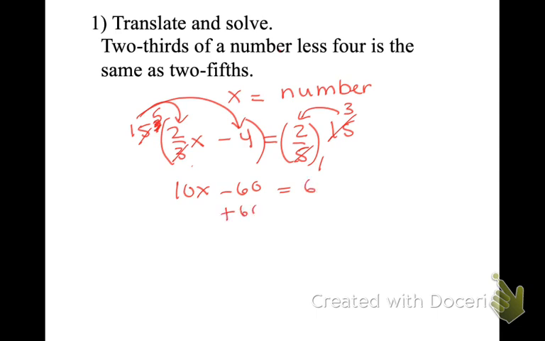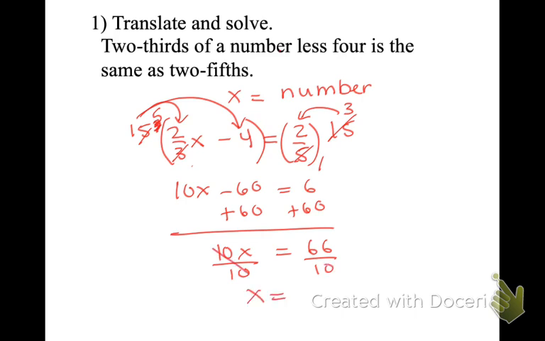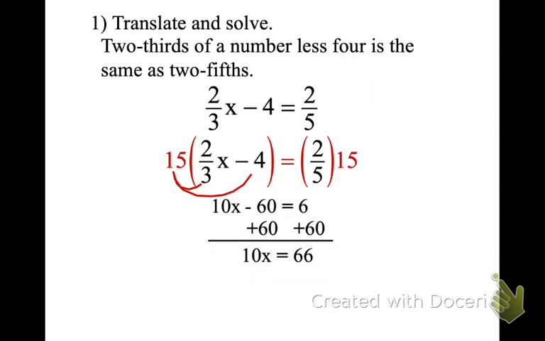Okay, I'm adding 60. 10x equals 66. Divide by 10. And x is equal to, we can reduce it, 33 over 5. Or you could have made it 6.6. It's pretty easy. Just move the decimal over. 6 6/10. And there we have it. Sorry about that. Calculating error.